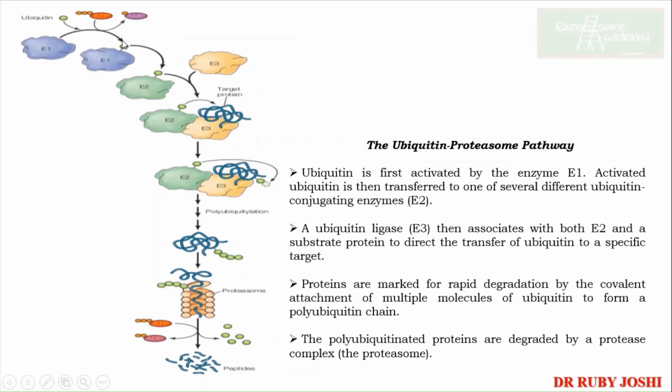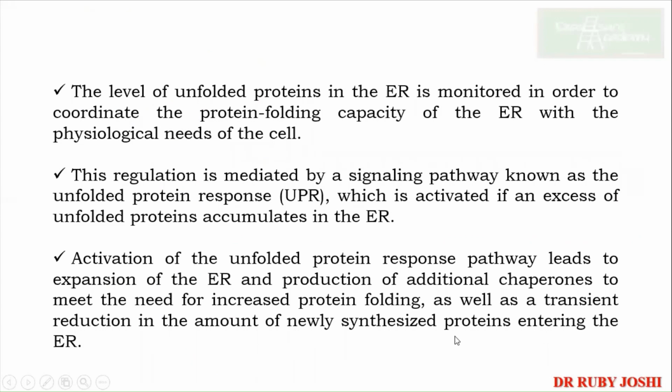This ubiquitin molecule is transferred to E2, and E3 helps in transferring the ubiquitin molecule from E2 to the protein. This is how it keeps adding ubiquitin molecules to the protein, and finally it is taken into the proteasome, where the ubiquitin molecules and the rest of the protein are degraded into peptides or small amino acids. Clear? This is just a repetition of the same slide.